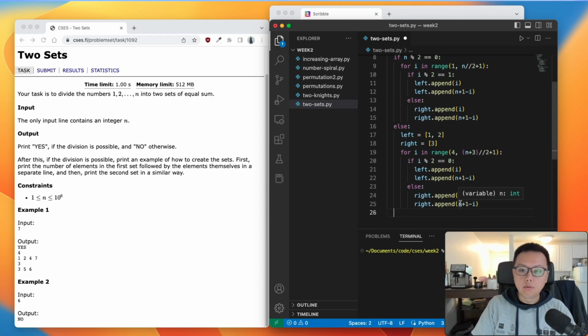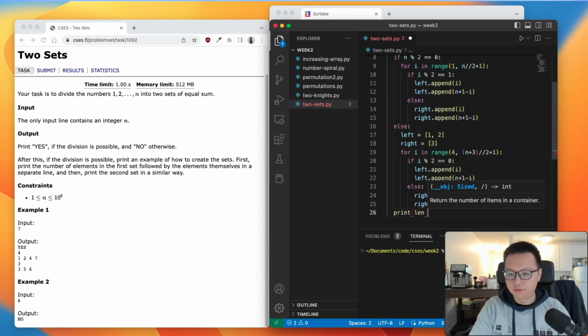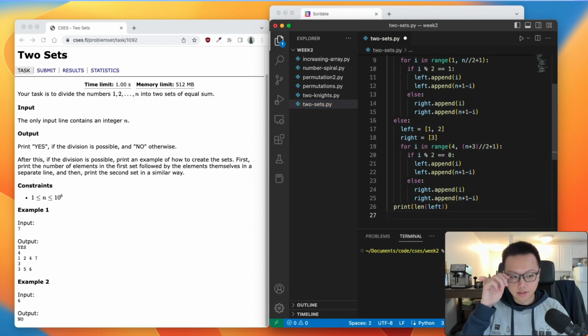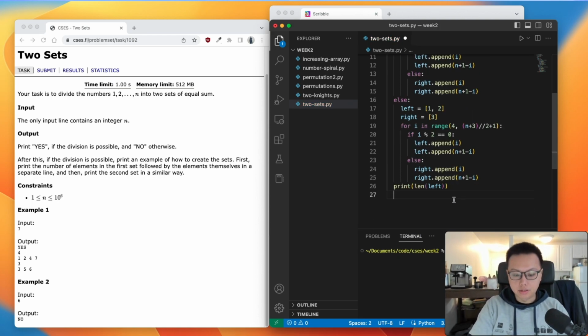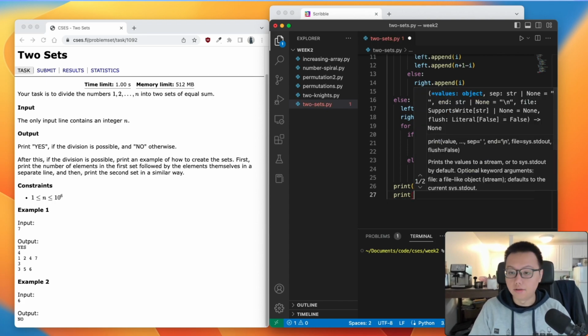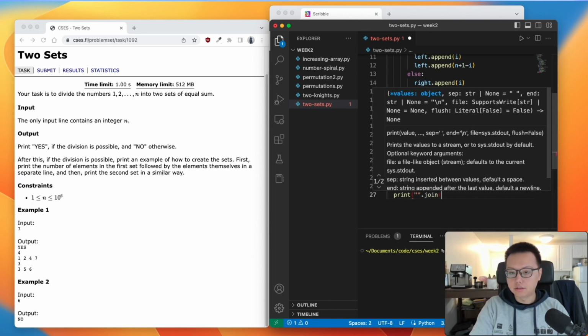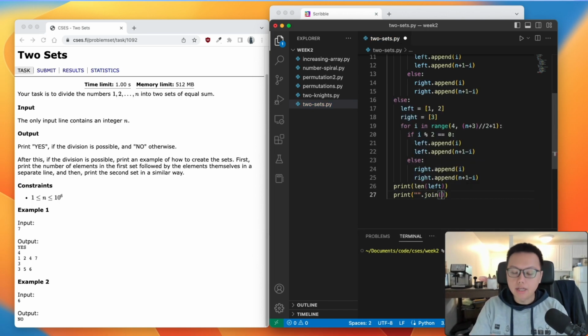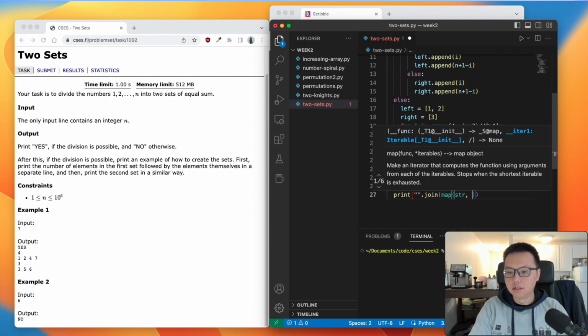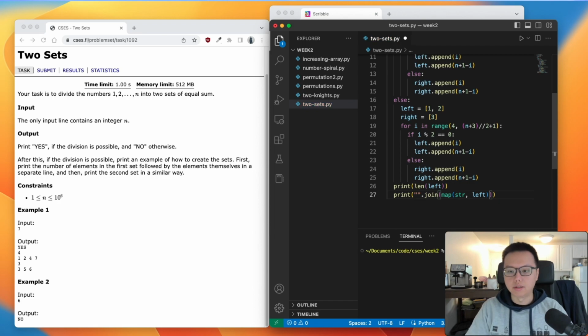And at the end, we want to output both sets. To output both sets, we first print the size of the left set, and then we print out the set of the left side. We just make all the numbers into strings, something like this, and we just join them with space.